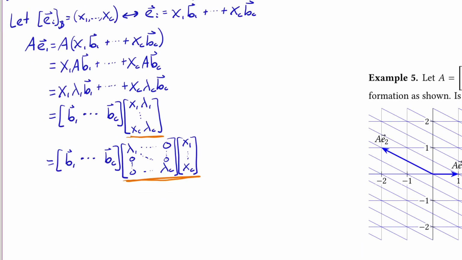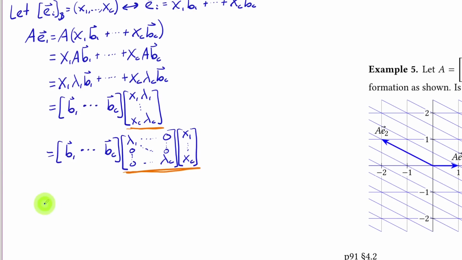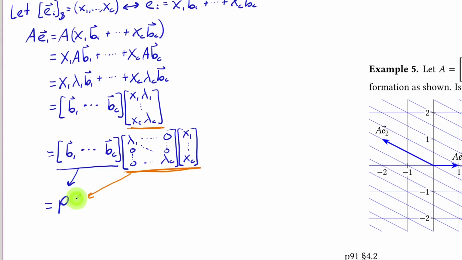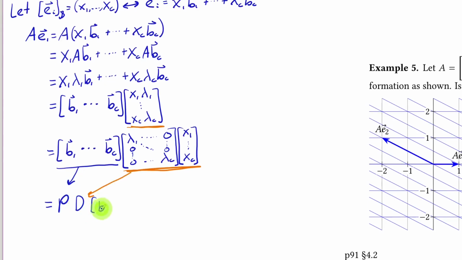And lo and behold, what we have is P, that's the thing that has all the B's in it, times D times the B coordinates of EI.